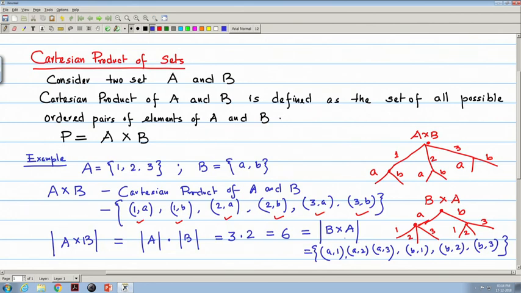So, the Cartesian product A cross B is not equal to B cross A, since it is an ordered pair. Ordering matters here.